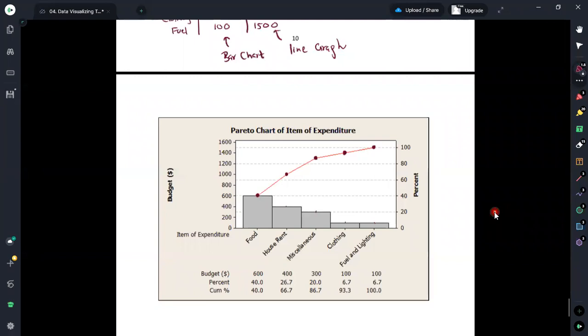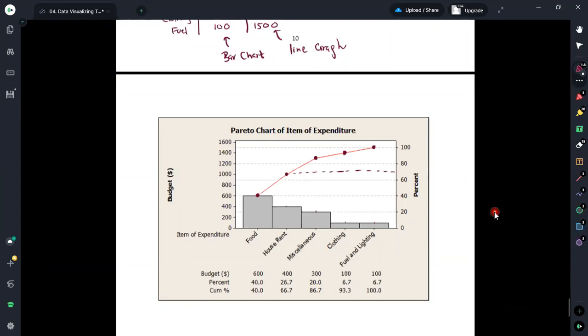As soon as you see this, for the first term you can say that we are spending 40% of the total on food. And considering this value, as a percentage, around 70% is spent on food and house rent.